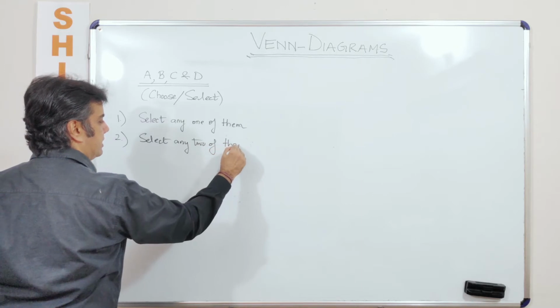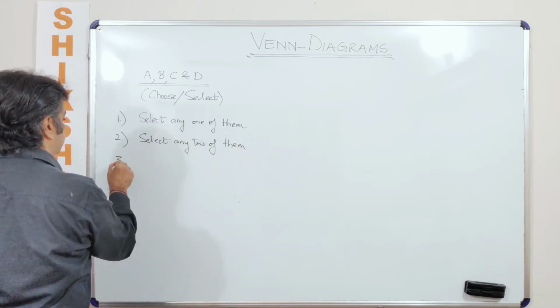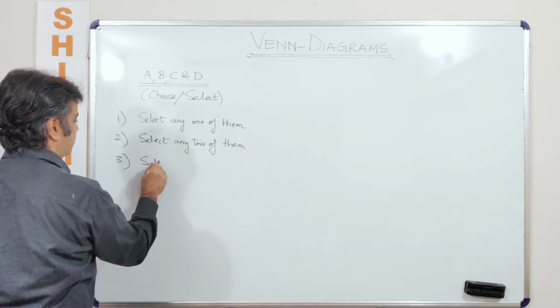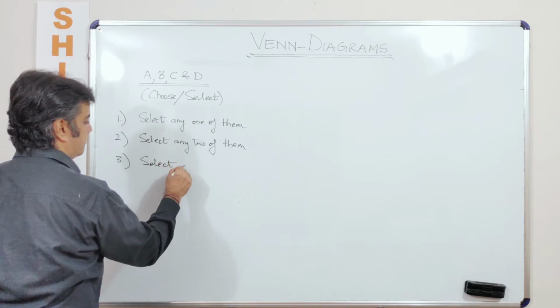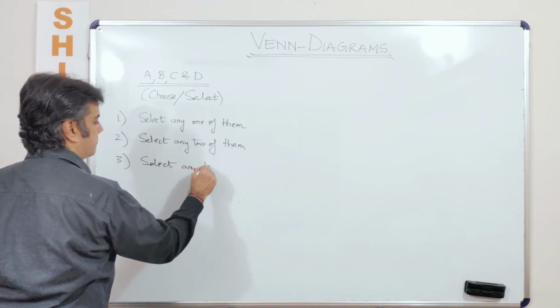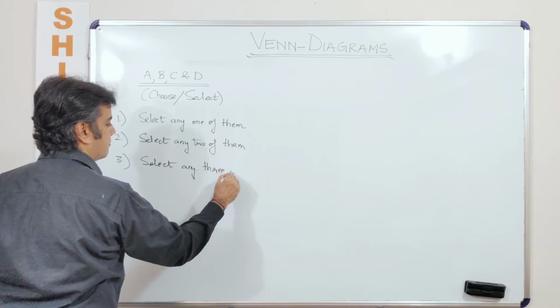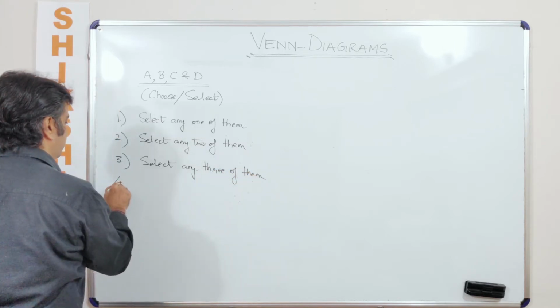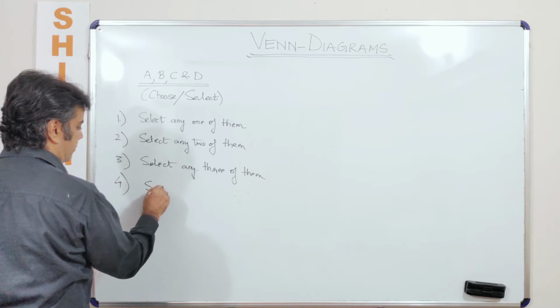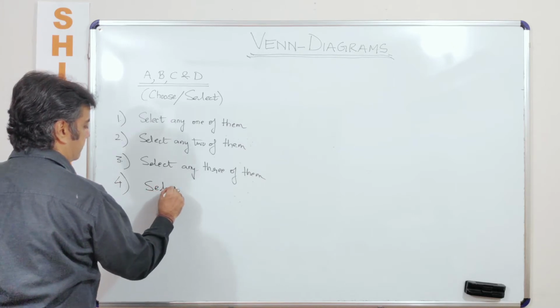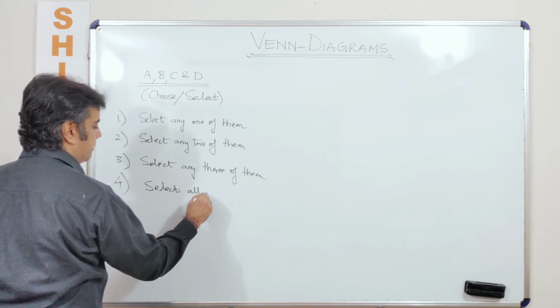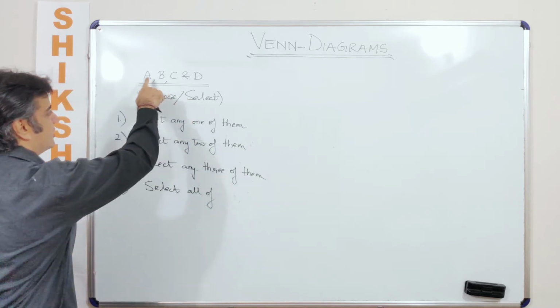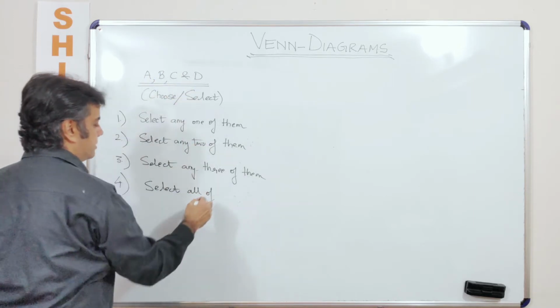The third case is select any 3 of them. The fourth case is select all of them. When I say select all of them, I am basically referring to selection of each of these.